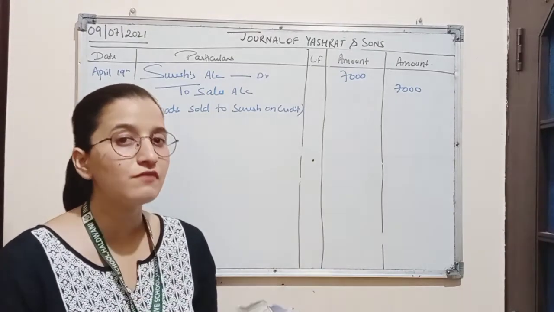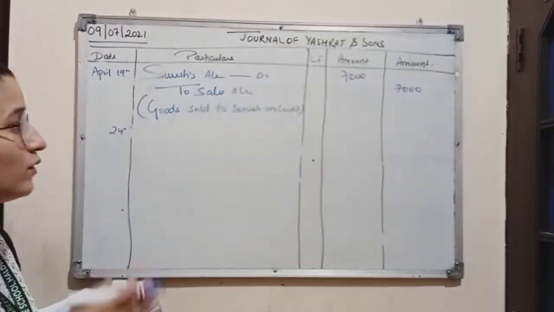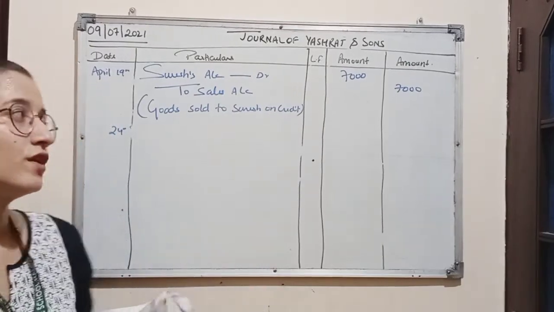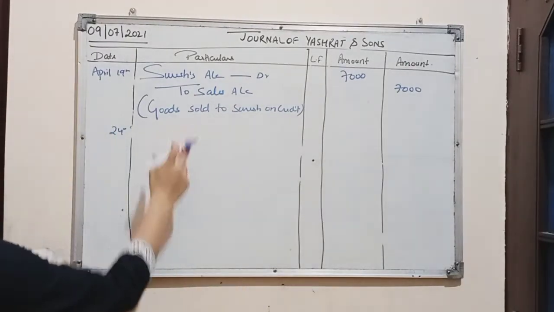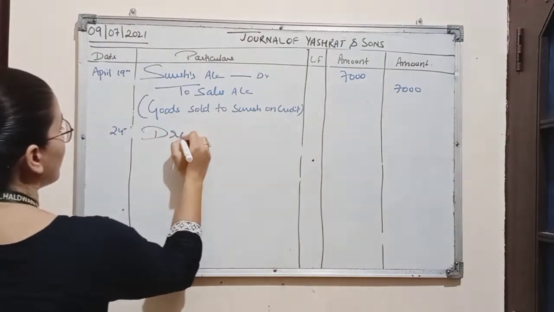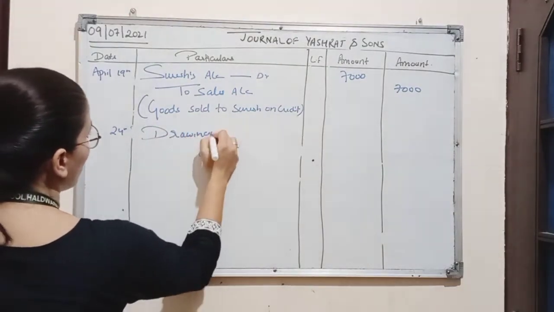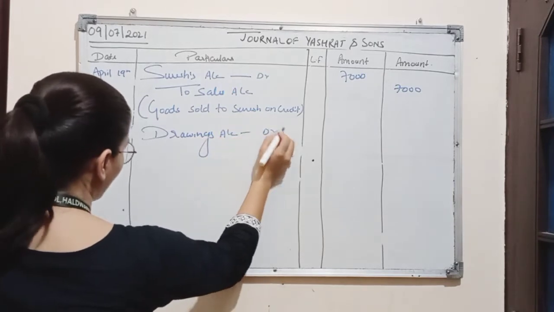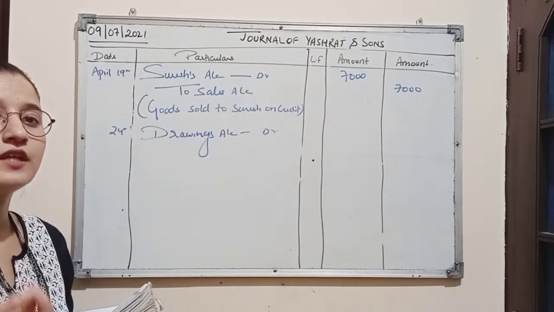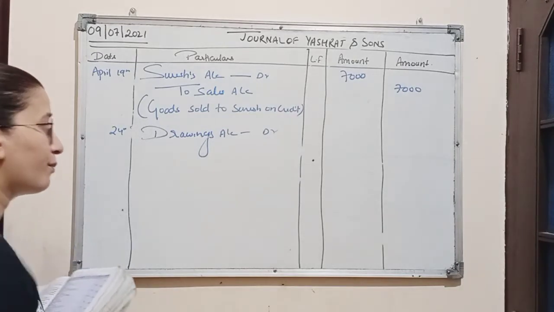Proprietor is the receiver of cash. So according to the rule of personal account, debit the receiver. So here, drawings will be debited because drawings is withdrawn by owner of the firm. And by withdrawing this amount, there is a reduction in the capital account of proprietor.